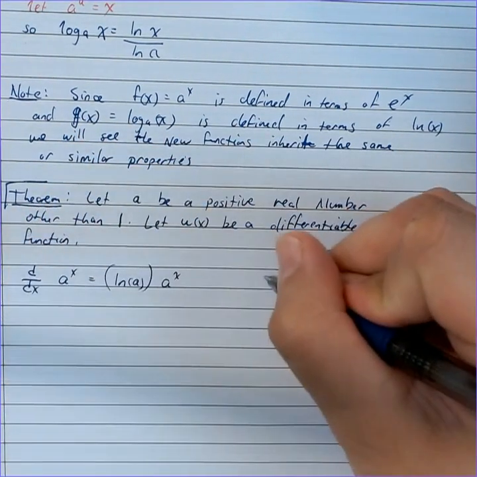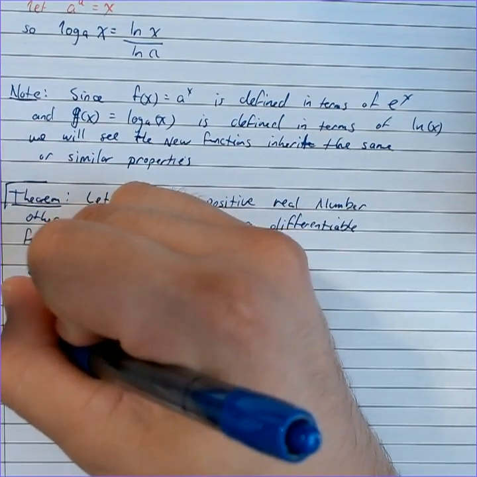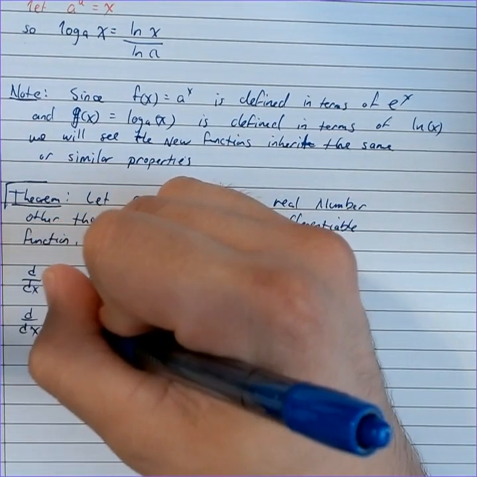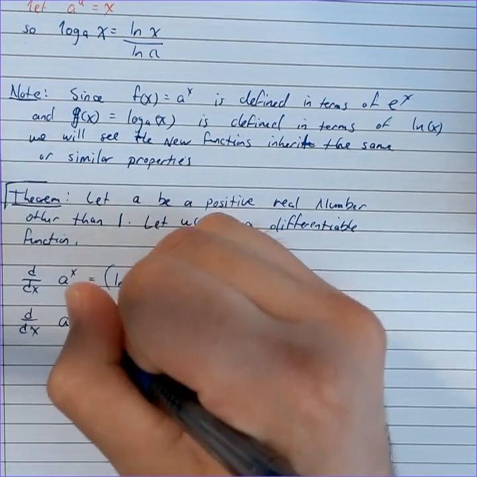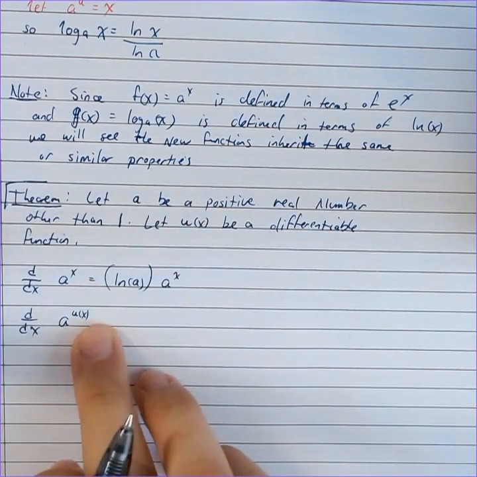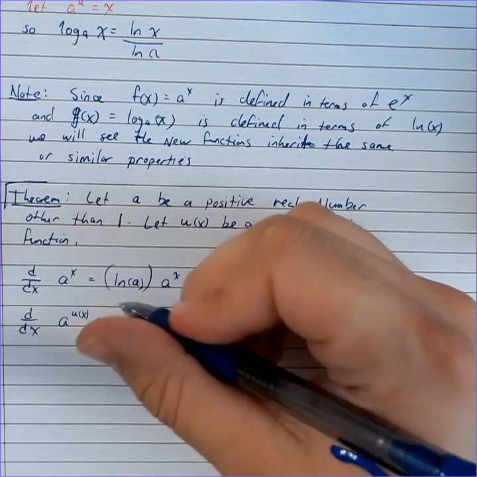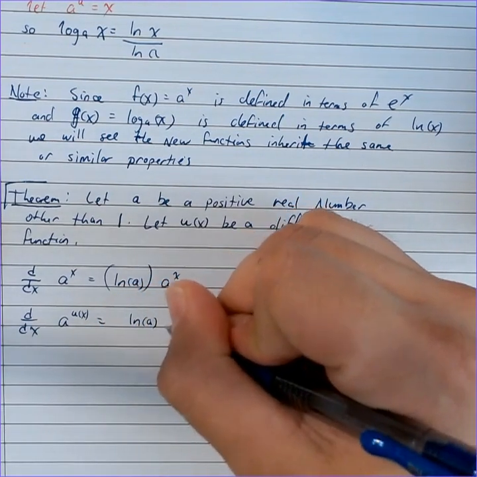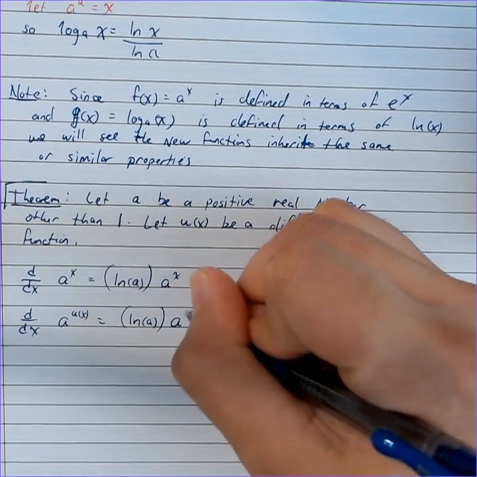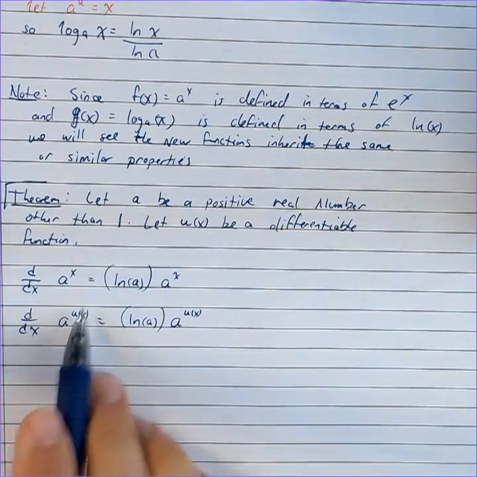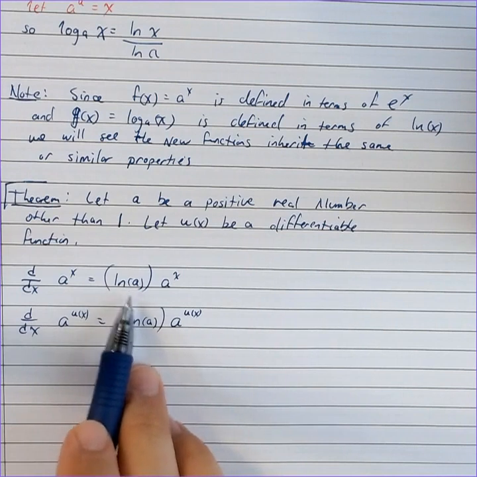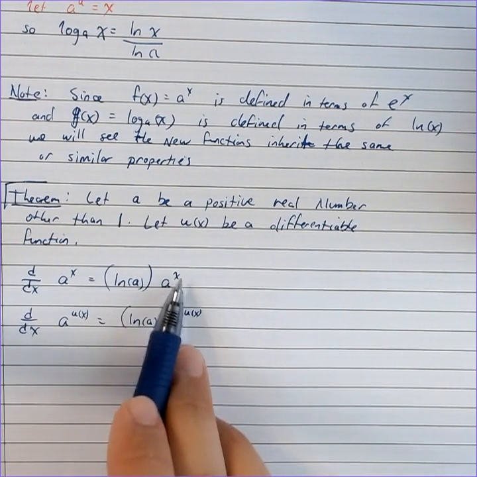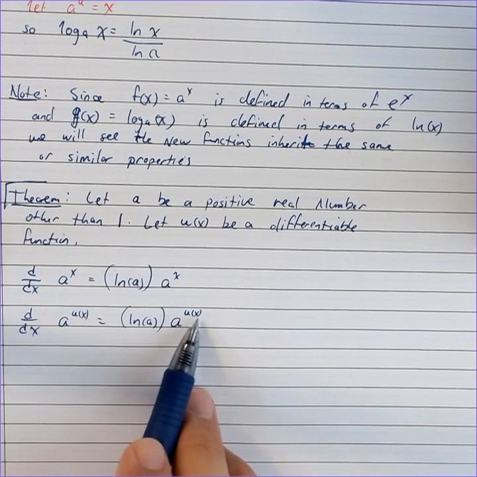Let me go ahead and write it down here. The derivative with respect to x of a to the u of x, now again remember u is a function of x, is going to equal the natural log of a times a to the u of x. So just like we had above, right? The natural log of your base times a to your argument.